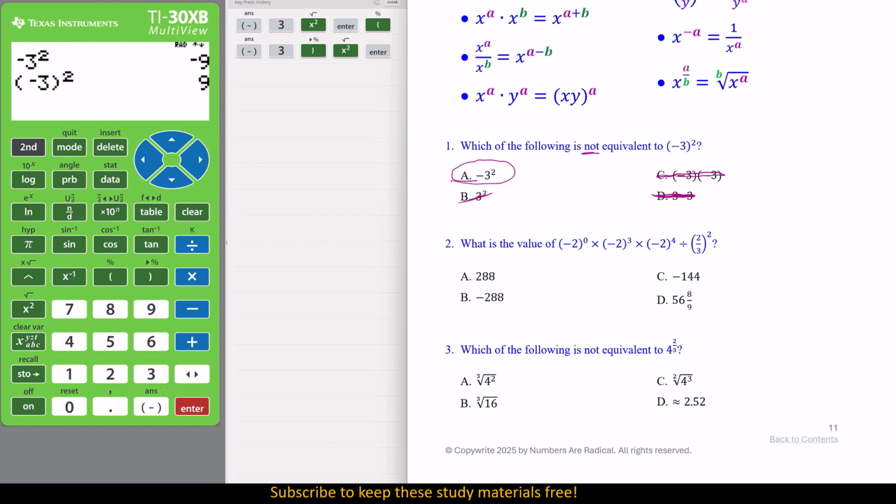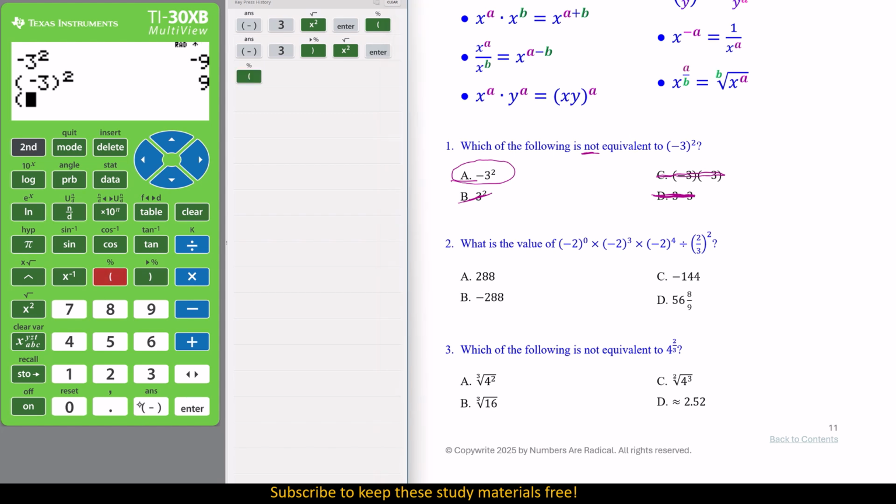What is the value of, oh goodness gracious, we have -2 to the 0 times -2 to the third times -2 to the fourth, divided by 2/3 squared. That's a put-it-in-the-calculator if I've ever seen one.